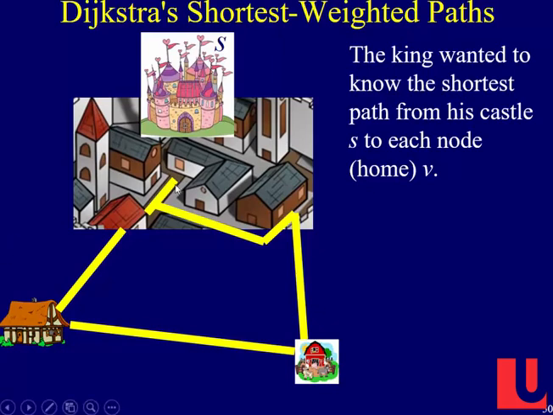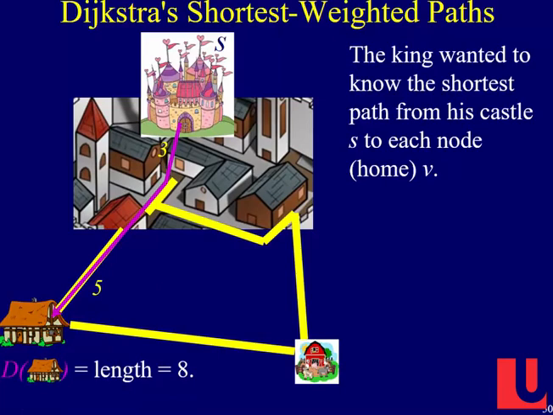And so what we want to find is the shortest path from each home to the castle, or from the castle to the home, so that they can sufficiently love each other. All right? So there's a path, right? And it's a weighted path, so the length of the path is 8. Everybody got it so far?